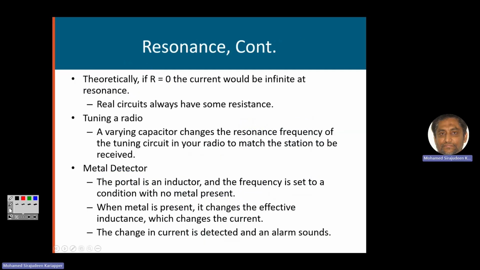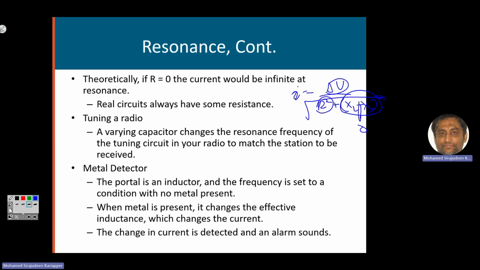So resonance has applications. Theoretically, this current can be, because what is current? Current is equal to delta V divided by Z. Z is the square root of R squared plus this, which we made 0. When resonance happens, this is 0. So the current is delta V over R. Now, suppose the resistance is 0.